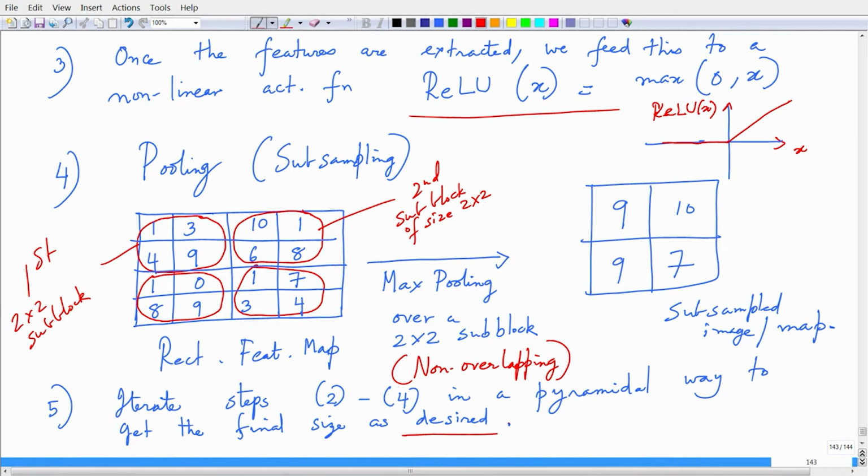And we can reiterate these steps from 2 to 4, that is the convolution followed by the subsampling, in a pyramidal manner to get a final size as desired, right. So, you may wonder at this stage to what resolution can I go. The resolution depends upon the accuracy that you need and the computation that you can tolerate, right. This is the key idea.